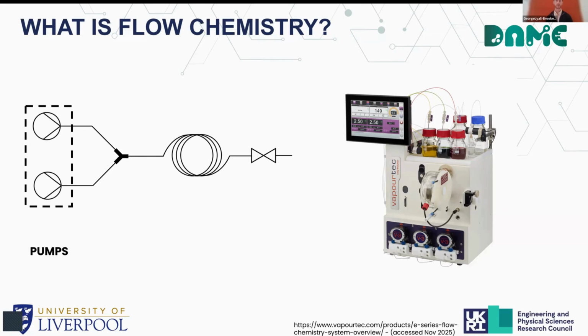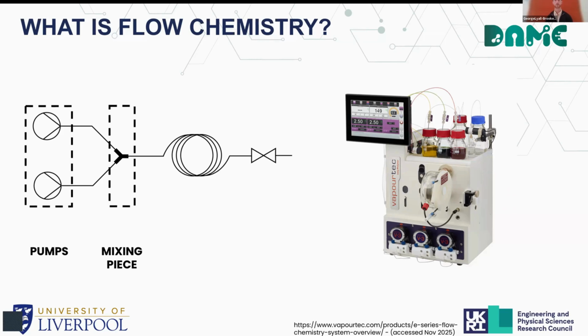This flow rate can influence the residence time that I'll speak about in just a moment, and you can also influence your reaction stoichiometry by altering the flow rates of the two pumps. Once you've got your two reagent streams pumping, you then require the mixing of the two streams, and this can be achieved via the use of a mixing piece.